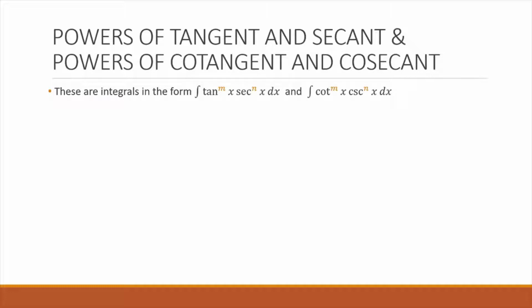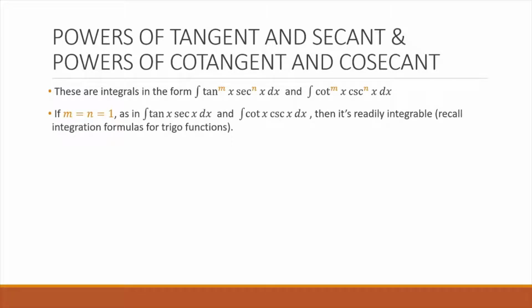Now, before we proceed to the main cases, yung mga relatively complex na cases, let's talk about some simple na cases. So, number one, if the powers are equal to 1, so kumbaga ang m and n are both equal to 1, then it's a very simple trigonometric integral.